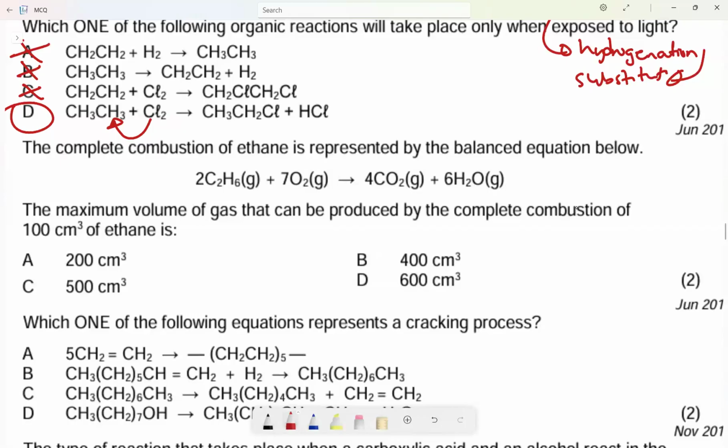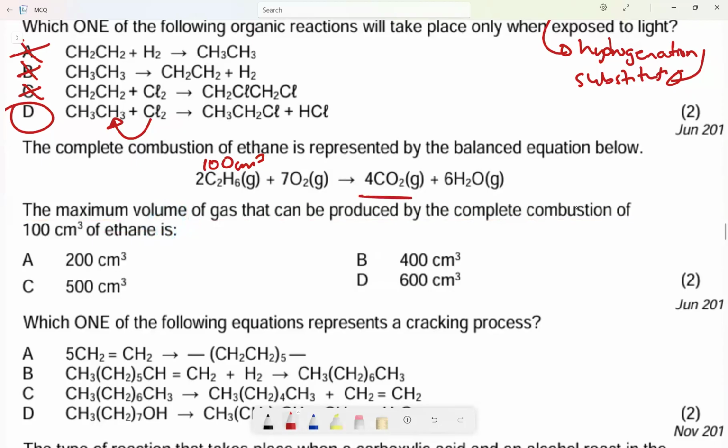They say now the complete combustion of ethane is represented by the balanced equation thereof, 2 C2H6 plus 7 O2 gives 4 CO2 plus 6 H2O. They say now the maximum volume of gas that can be produced by the complete combustion of 100 centimeter cubed of ethane. Remember, oxygen is in excess. So ethane is 100 centimeter cubed.